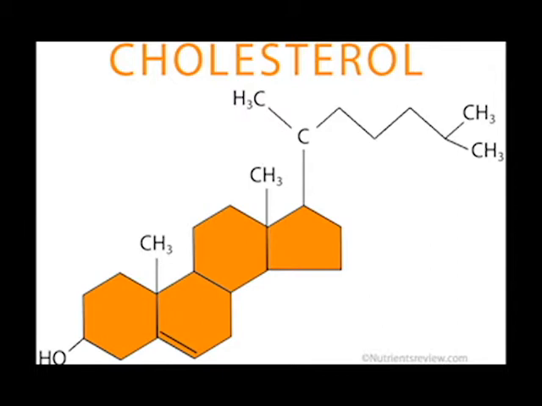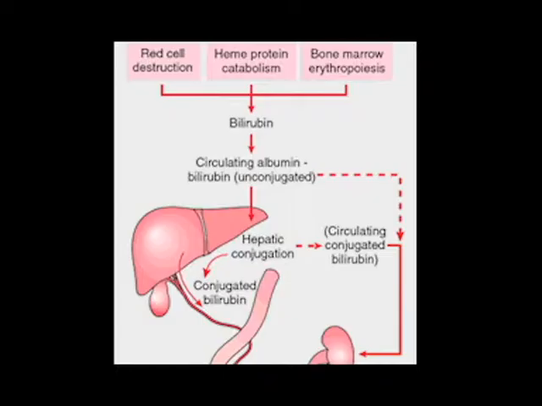Basically, you're going to need all of these to create bile. And if you have cholesterol or bilirubin that are way more than either the phospholipids or the bile acids, you're going to get an accumulation of either the cholesterol or the bilirubin.